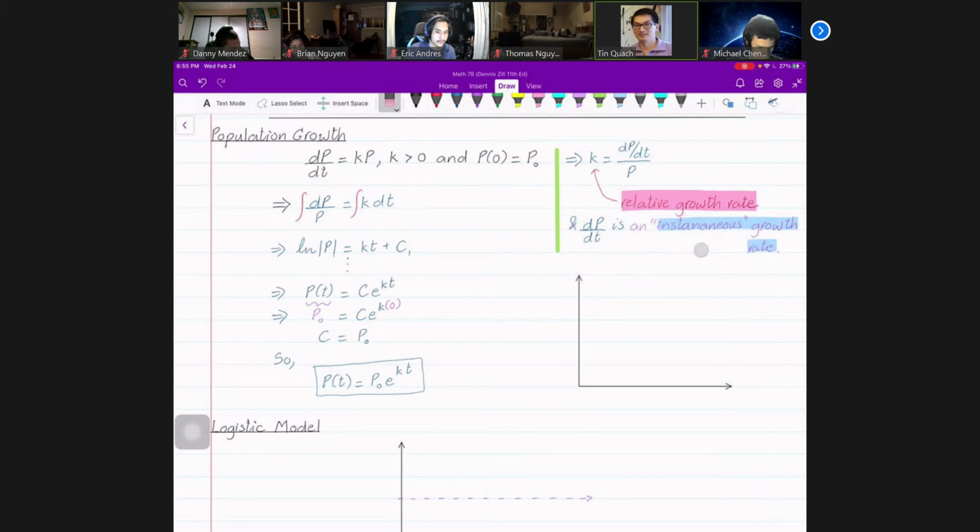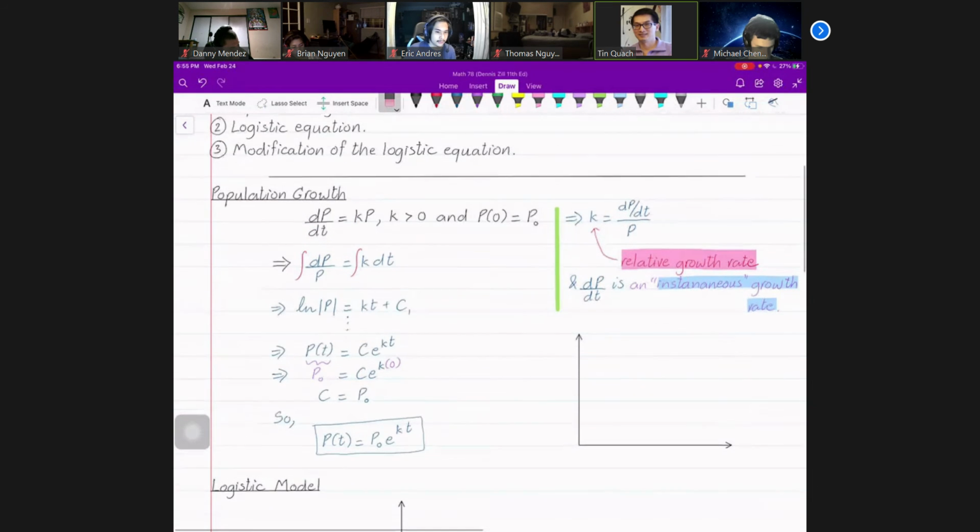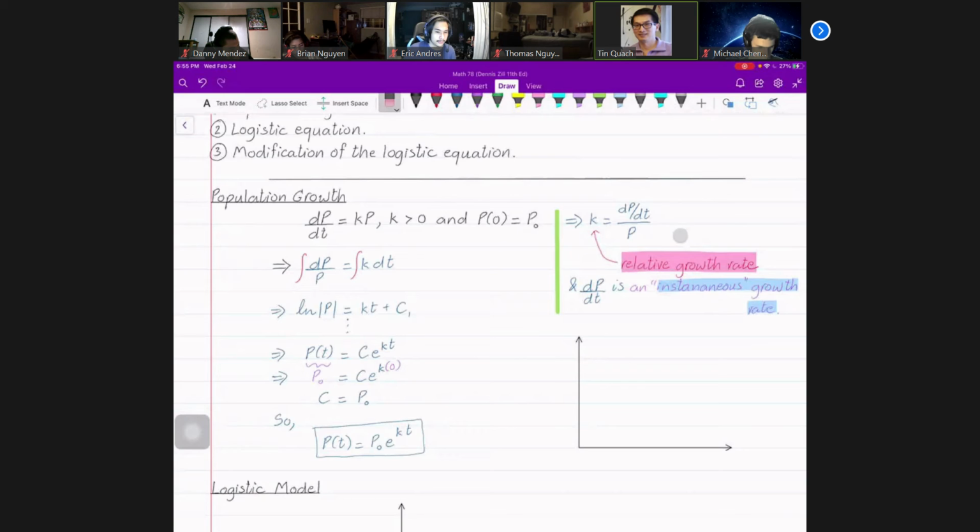Whereas the relative growth rate tells you how the population is growing relative to the population size at that particular moment.